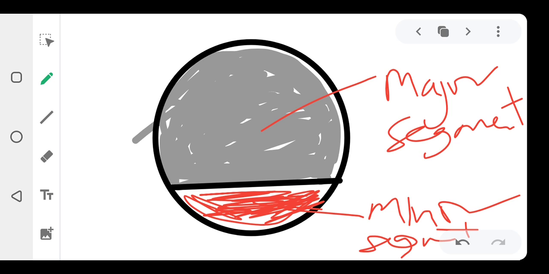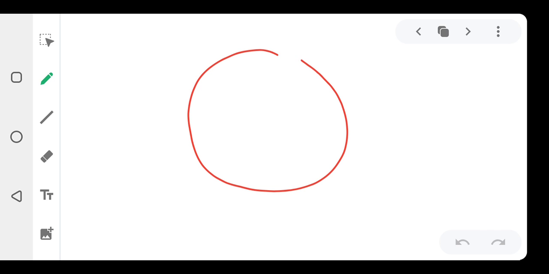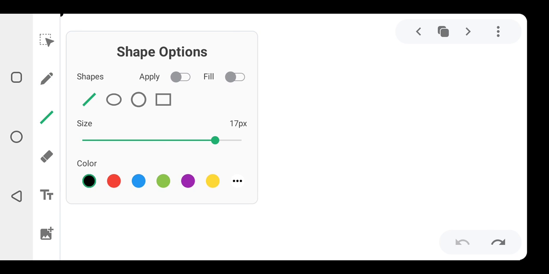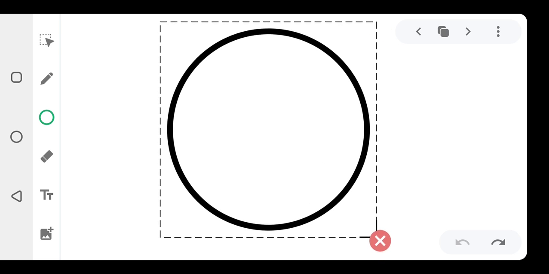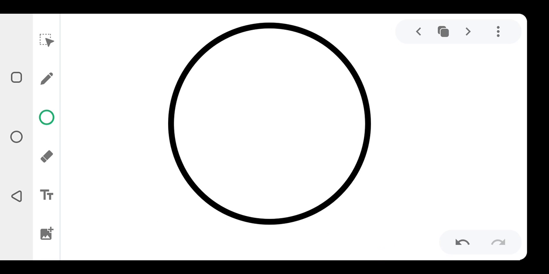All right, now let us quickly talk about something again. You will discover that if you have something like this, let's say we have another circle like this, and we have a chord which divides it like this.